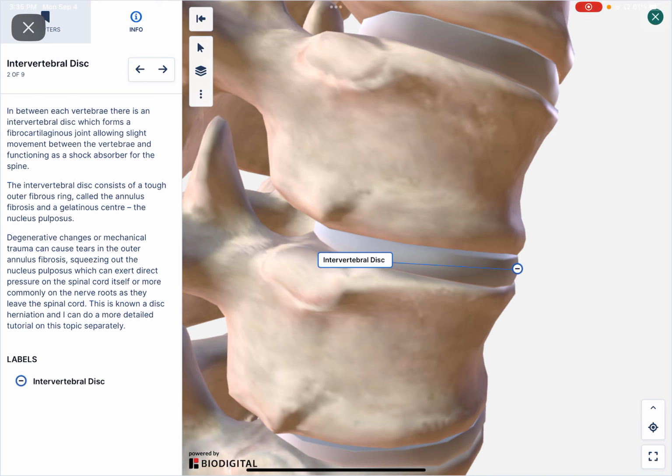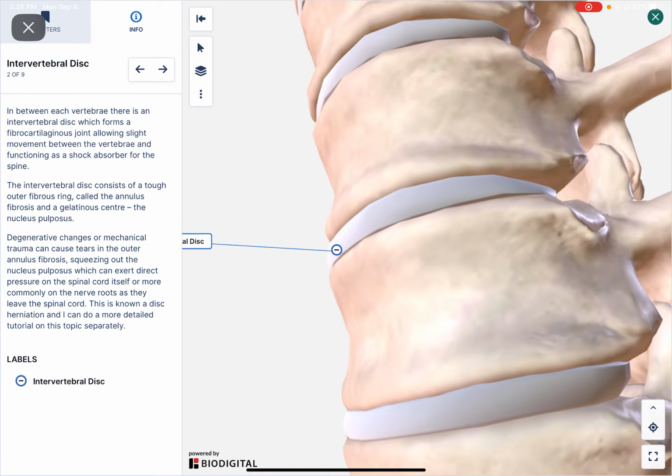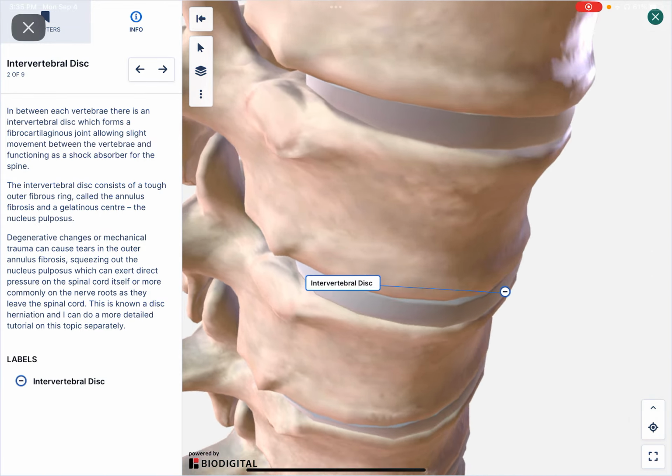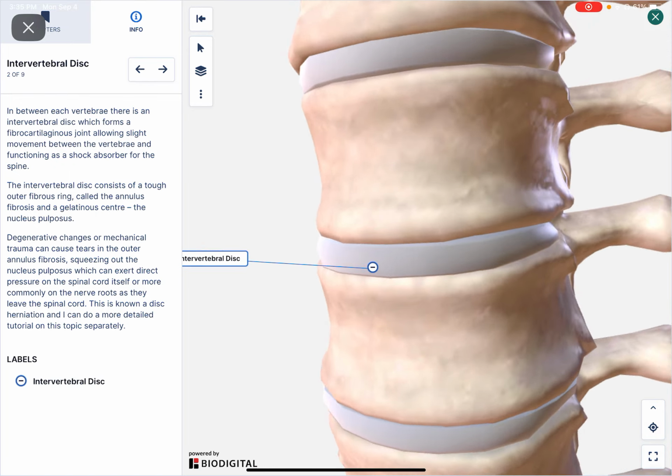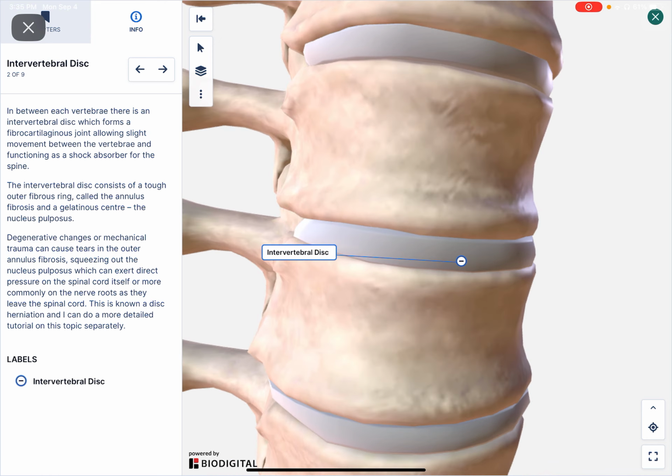When you go to the doctor, they characterize this as a disc herniation. So here we have a perfect picture to illustrate this. We can look at this intervertebral disc.